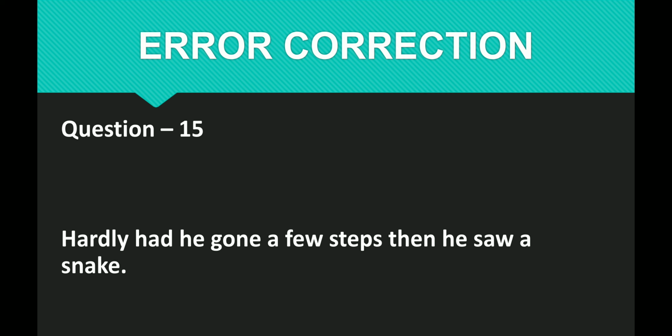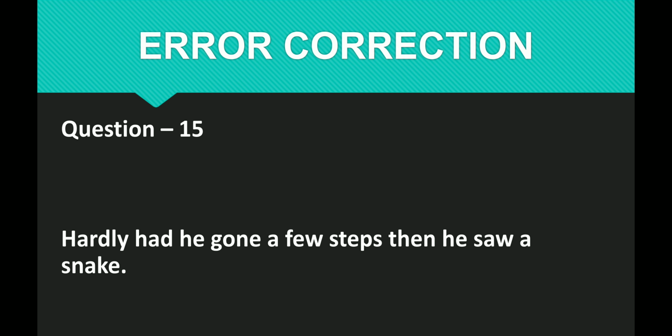Here is the last question. Hardly had he gone a few steps, then he saw a snake. Very, very important rule. Do remember, the word hardly takes when, as it is a correlative word. Do remember, we use either or. Either is the word we use correlatively with or, neither nor, not only but also. Hardly, when, not than.